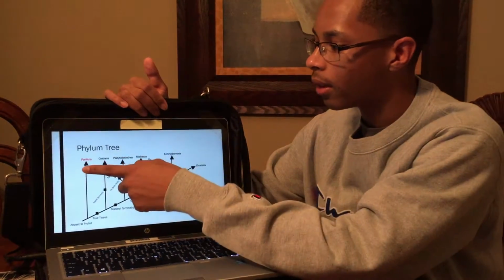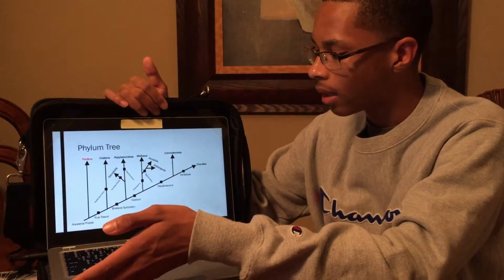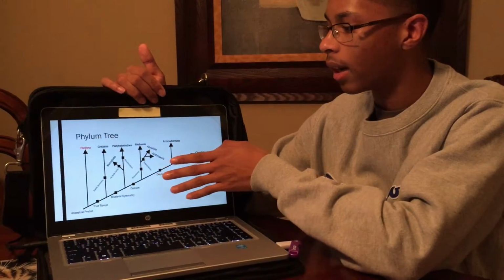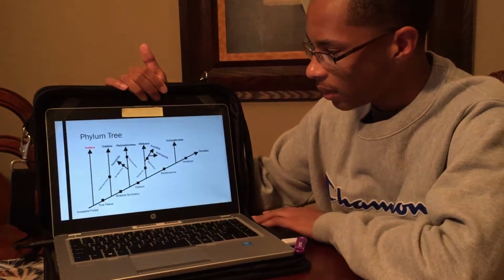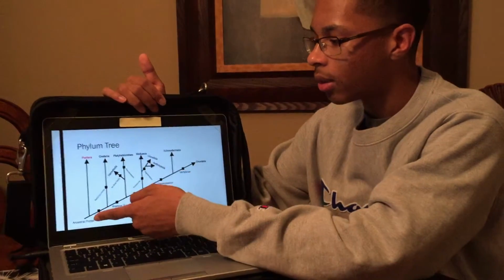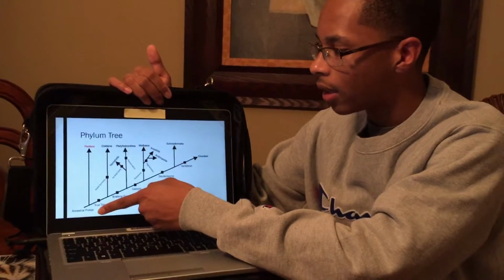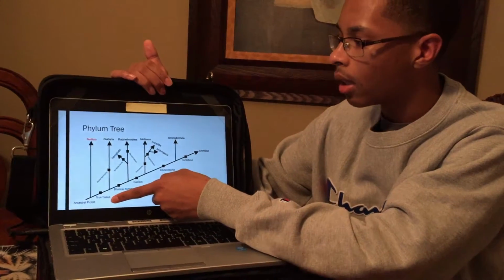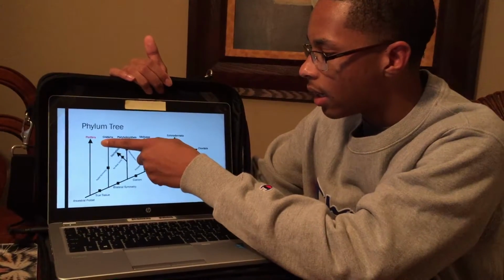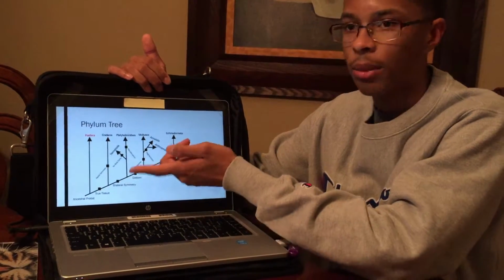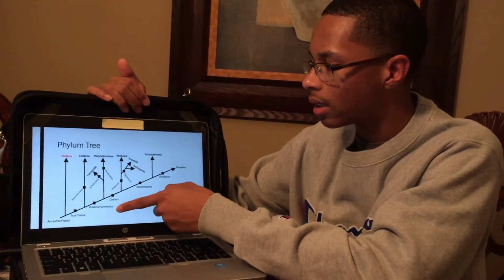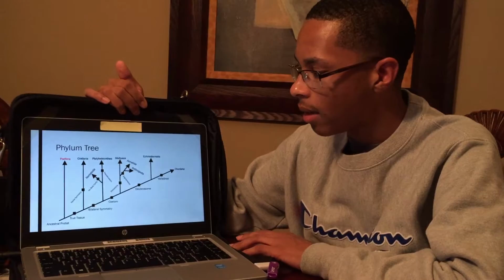For the phylum tree, the boring sponge lies under the Porifera phylum, so it's going to be more ancient than the rest of the phyla. So here we have the ancestral protist, and then shortly after that is the Porifera, and after that there's the true tissues, which contains Cnidaria, which also has radial symmetry, and then bilateral symmetry, which consists of platyhelminths and nematoda.